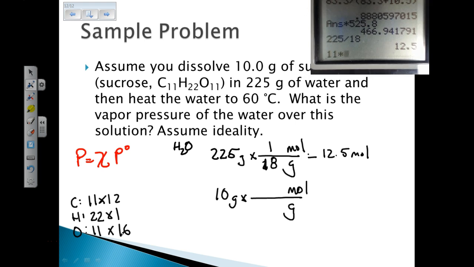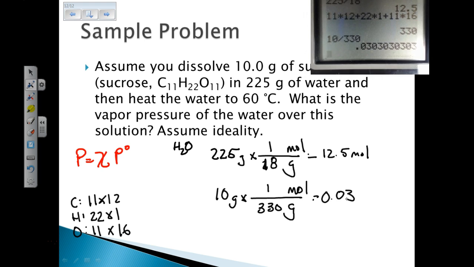Okay, so 11 times 12 plus 22 times 1. You don't have to put the times 1 in there, but I am doing it just to show completeness. And then we're going to add 11 times 16. And so the molar mass is 330. So 1 mole is 330 grams, and so 10 divided by 330 gives 0.0303 moles.